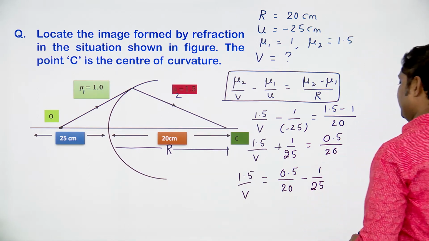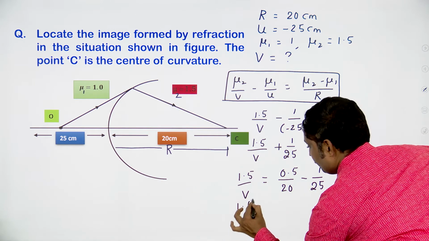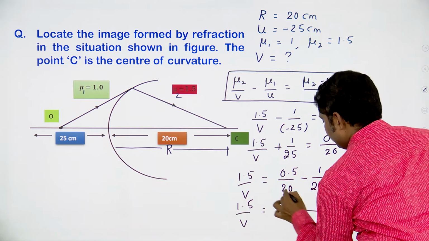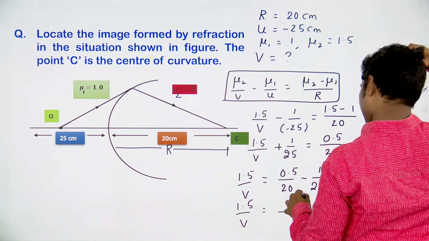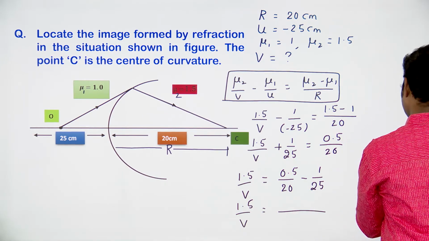Yes, you have to take this one. This is very clear. If you are going to get that 1.5 by V, after getting that calculation, you have to consider that LCM. It's going to be 5 fours and 5 fives. Just you have to get this 20, 25.